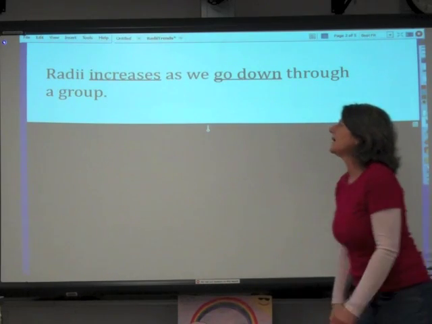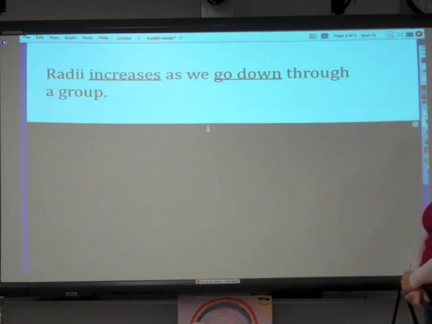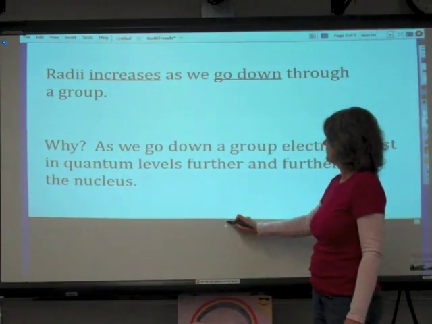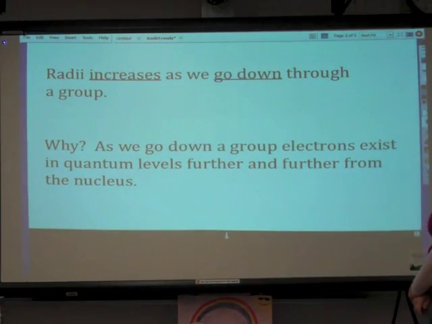So as we go down a group, not surprisingly, the radius increases. But it's not just simply because we are adding more protons and electrons to the atom. I mean, it's true, but that's not the reason, you guys. As we go down through a group, we have electrons existing in quantum levels further and further from the nucleus.